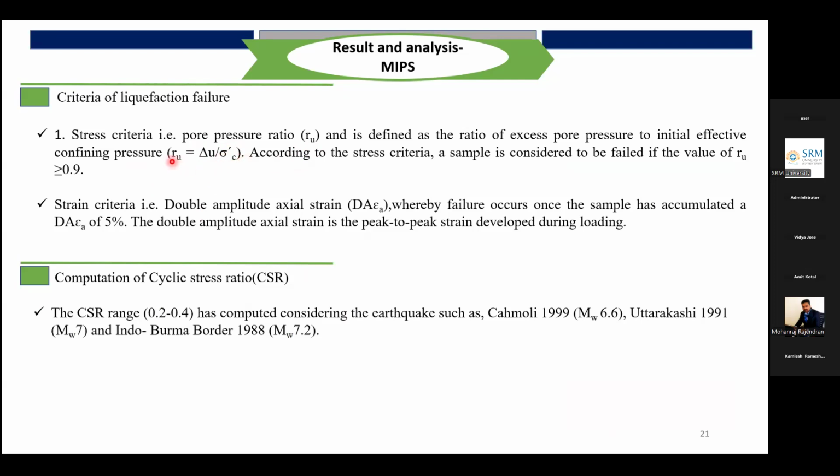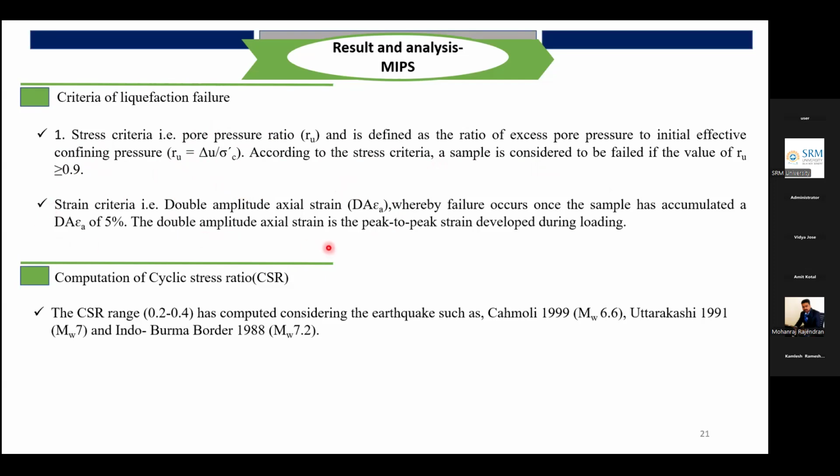Normally, when this RU value reaches close to 0.9 or more, your soil will have the liquefaction problem. You need to keep monitoring the value of RU through this cyclic triaxial test. When RU is more than 0.9, you can say that your soil has the potential of liquefaction. So this is basically the stress criteria.